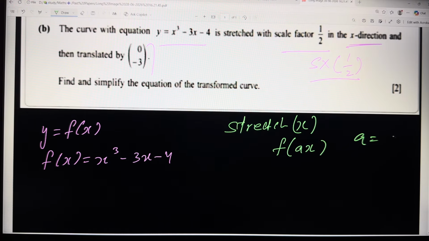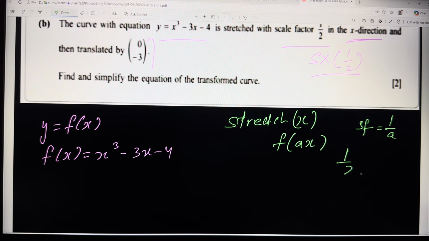Because the actual scale factor will be 1 upon a. Whatever the bracket has multiplying with x, we'll take the reciprocal. So inside we'll write the reciprocal of the scale factor. For example here, the scale factor is 1 upon 2, so in the bracket we will actually write f(2x), because the bracket always lies with the x values.